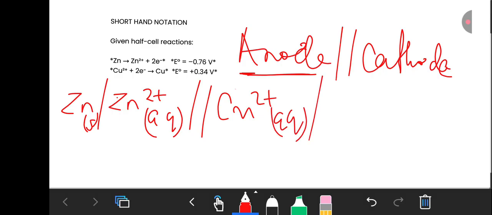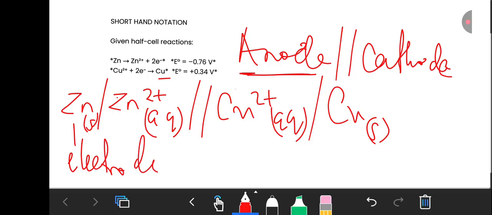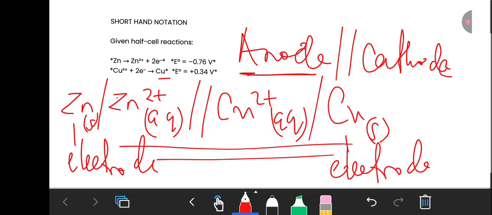We put one line to separate it from the electrode, which is copper, in a solid state. So we started with an electrode and end with an electrode. This is basically how you write the shorthand notation for any given reaction.